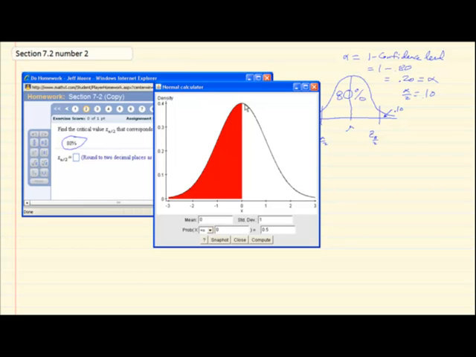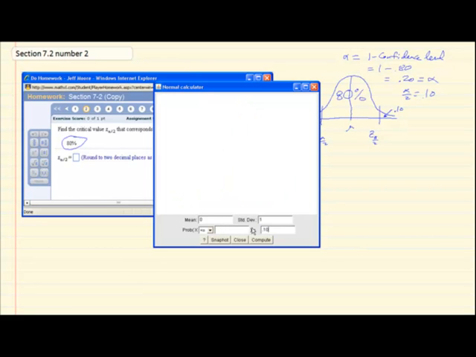So we want this red region here to be way down here, just 10%. And we would do that by saying the probability that x is less than or equal to some value here is 0.10. And then hit compute.